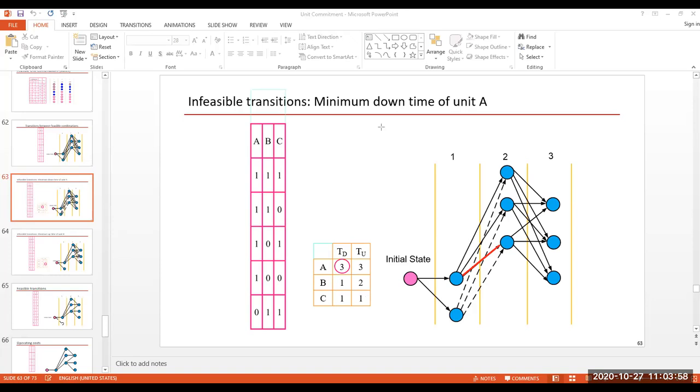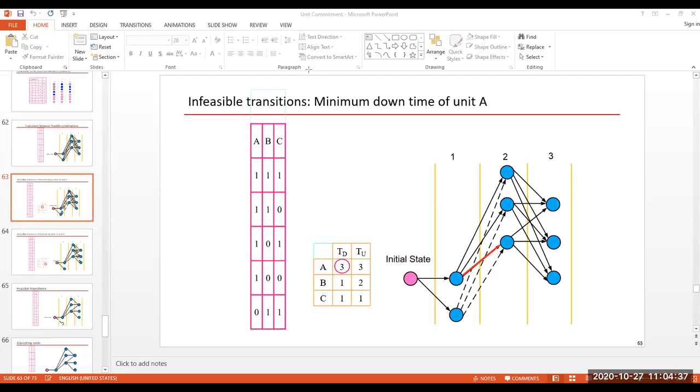Why? Because you only have to turn on unit C. Exactly. Unit C has only a downtime of 1 hour, and that condition has been satisfied. While transiting from one state to the next, I will consider that the required 1 hour has elapsed. So this one is satisfying the minimum downtime for unit C. So this is a feasible transition.